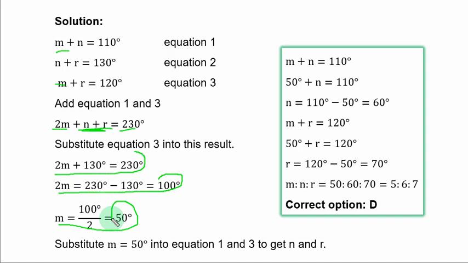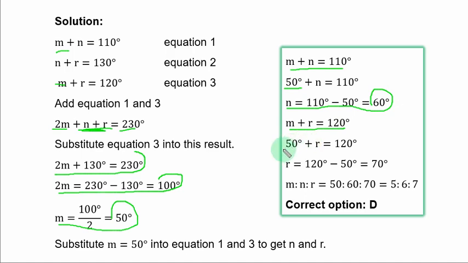We can get N by replacing M with 50 in equation 1. Then we get arrow from equation 3. So this is equation 1. You replace M with 50 degrees. N becomes 110 minus 50 degrees, and that is 60 degrees. Then this is equation 3.